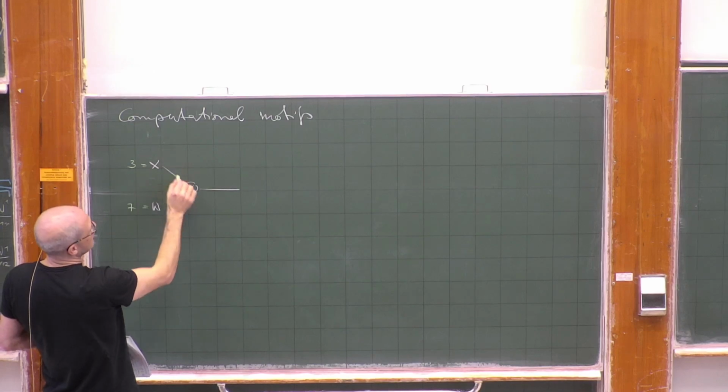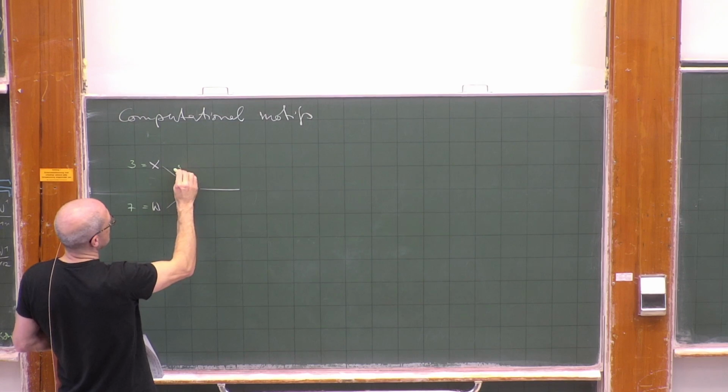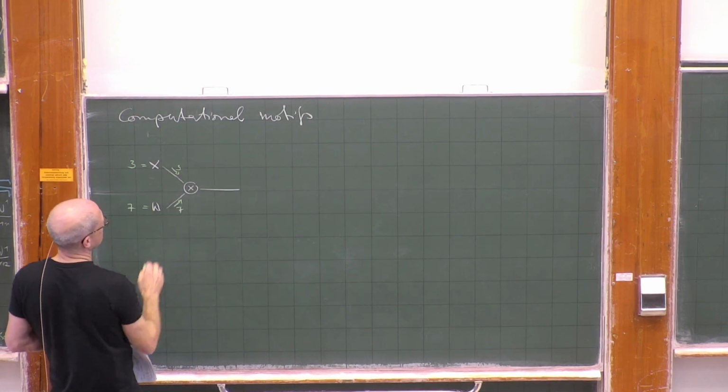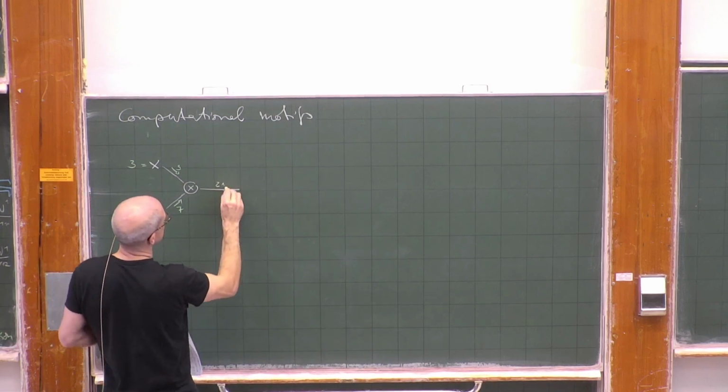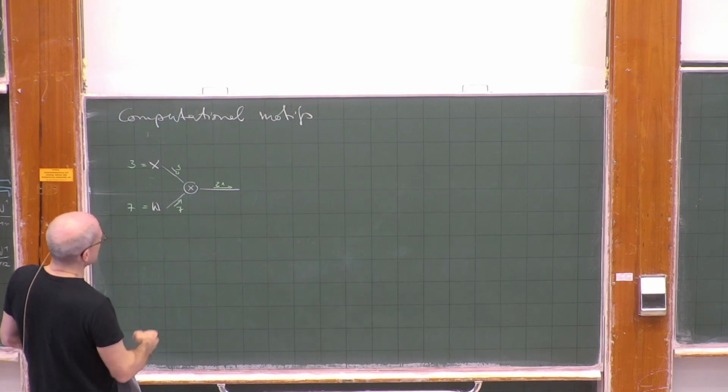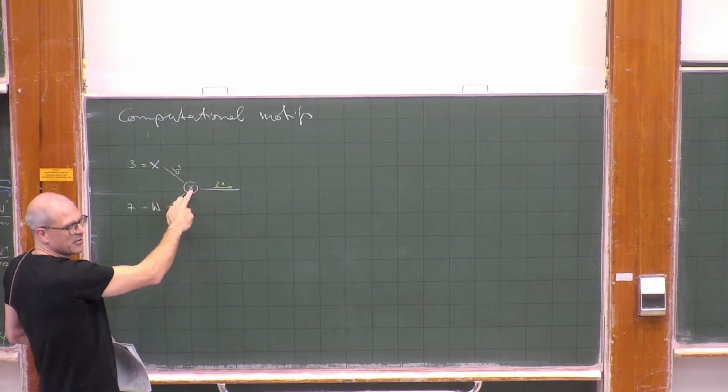Then in the forward pass, I send this information along my computational graph. This here is not an x, but a multiplication operation.